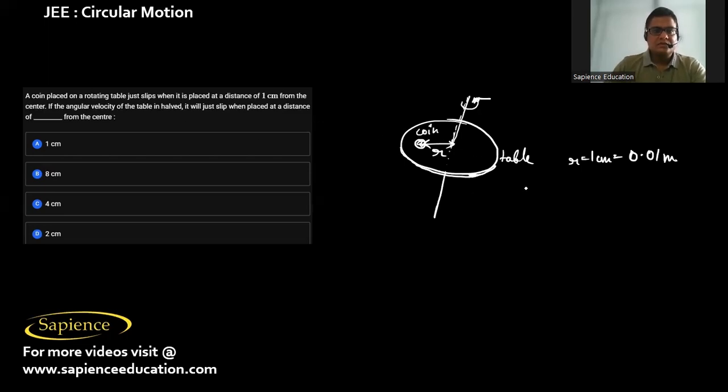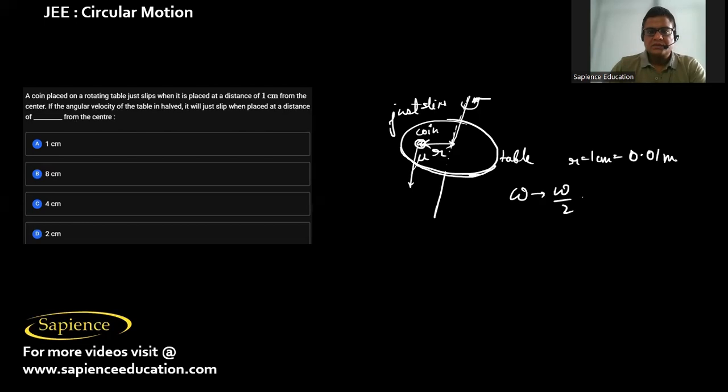If the angular velocity of the table is halved, okay, so it is told a coin placed on a rotating table just slips. So here it will just slip. It means here some friction is acting. Let's say the coefficient of friction is mu. And if the angular velocity is halved, it will just slip when placed at a distance of dash from the center.